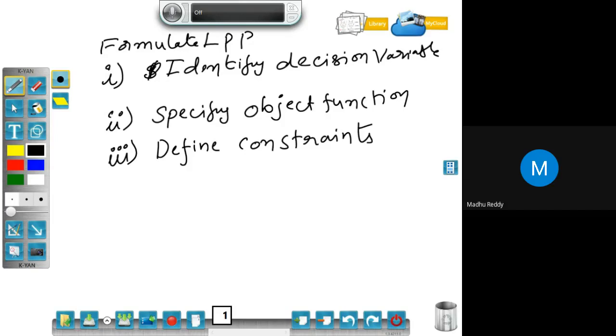Next is to specify the objective function. Specifying the objective function means deciding what type of objective function it is and what we are going to find. The objective function will contain 2 things: is it a maximization function or a minimization function?